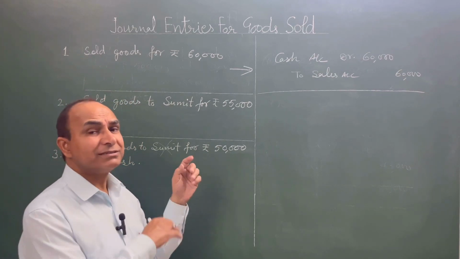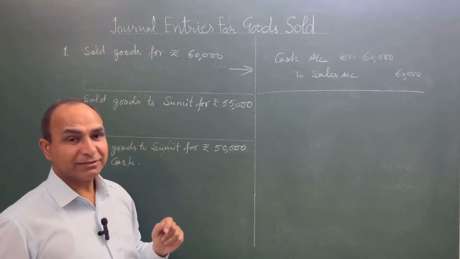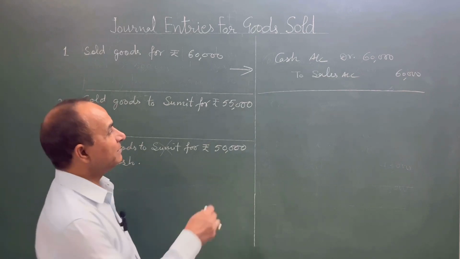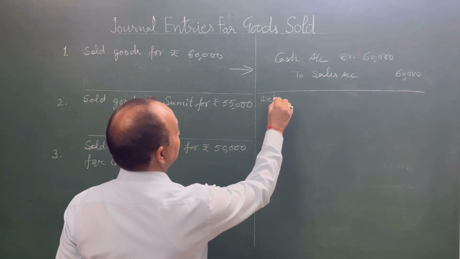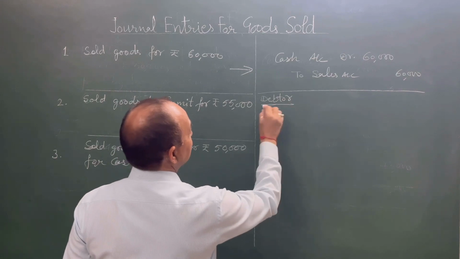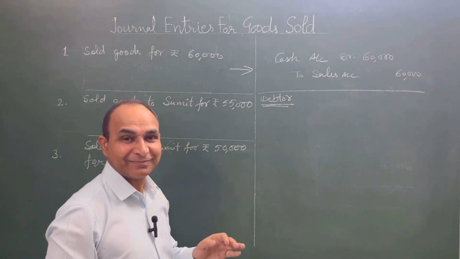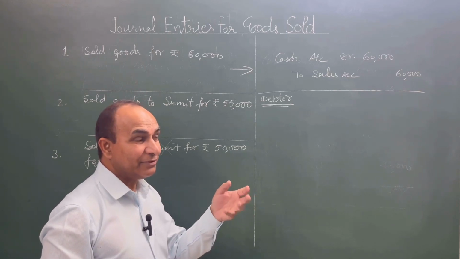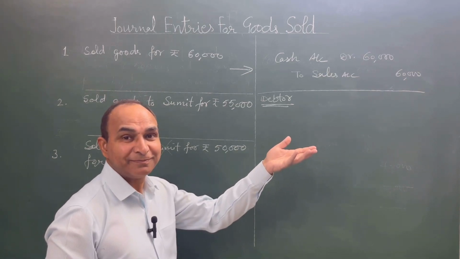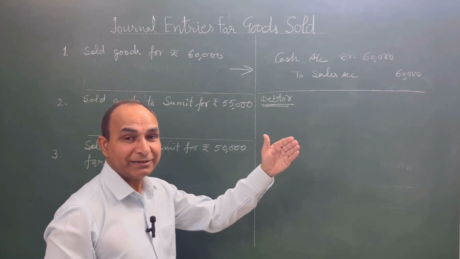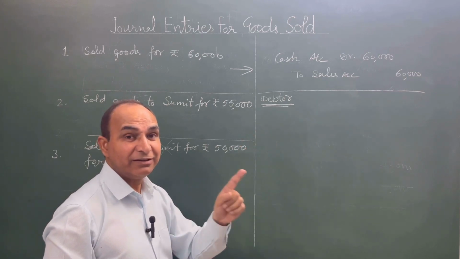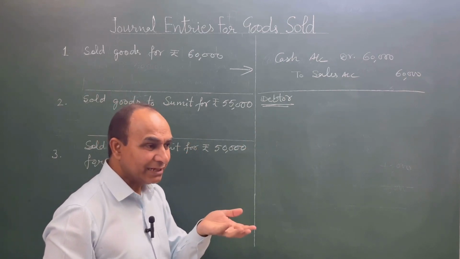And one more method is there. Sumit is our debtor also. Debtor means the person to whom goods are sold on credit, and later on we will recover that amount from him. And until the amount is recovered, he will remain our debtor, and debtor means asset.